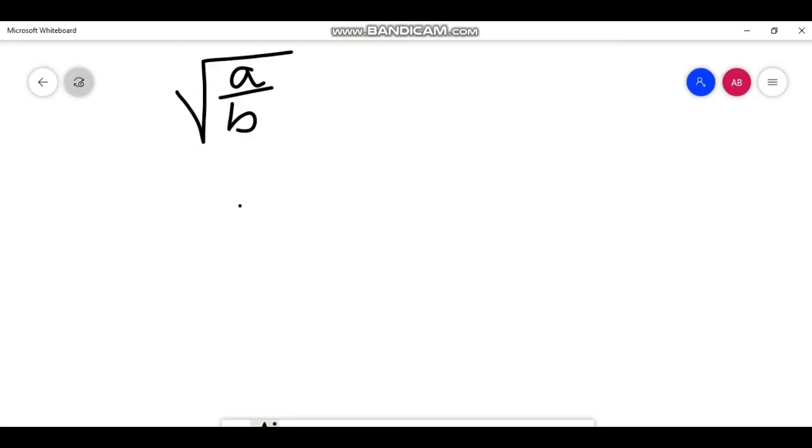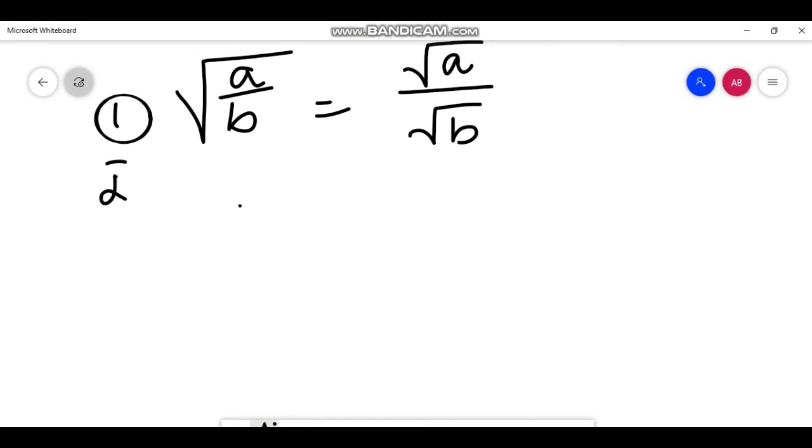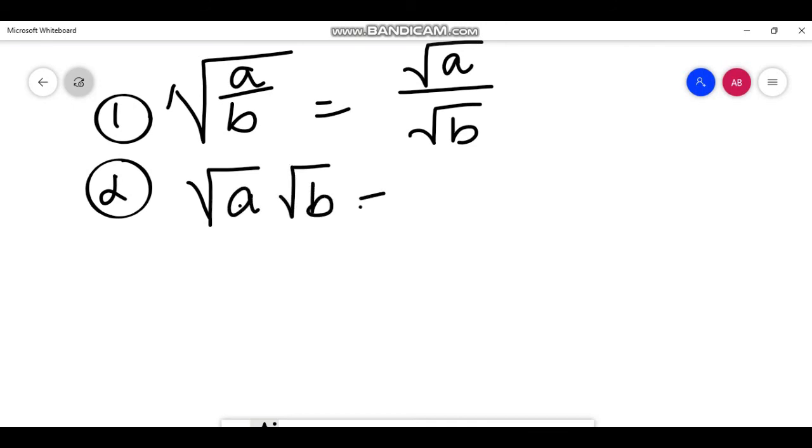Number 1, root of a by b can be written as under root a by under root b. Number 2, we have discussed under root a into under root b can be written as a whole under root a multiplied by b, fine.